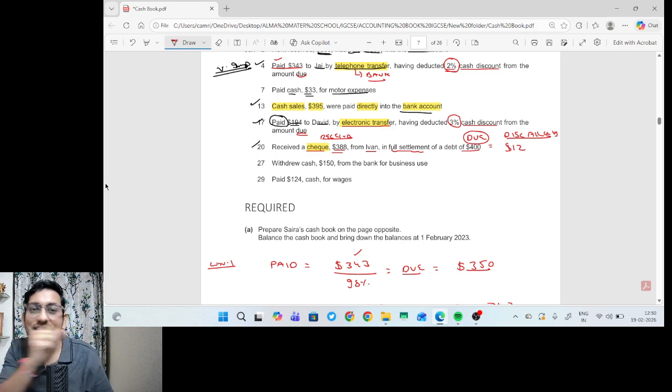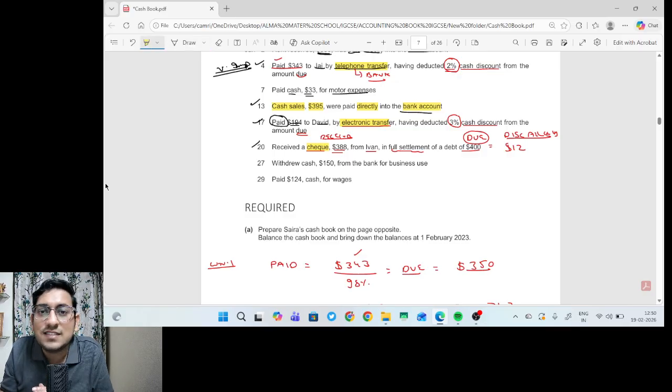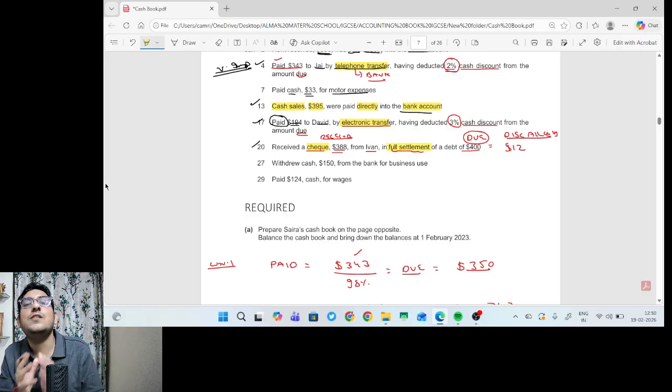Here the percentage is not given, but the value of due and received is given, so we can directly find the difference as a discount. And this important word is given: full settlement. Whenever the words full settlement are given, if we received less amount, that less amount is my discount, because we are not going to ask for money for the balance amount since it is fully settled.